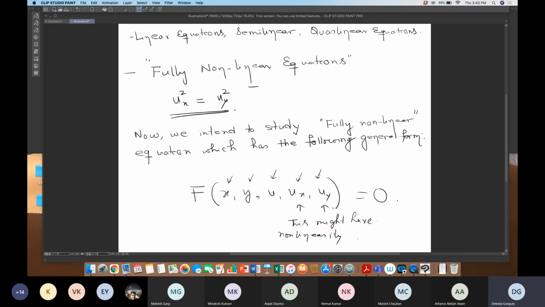What should we do to study this equation? Of course, with the help of characteristics, but can you have some more ideas on this?